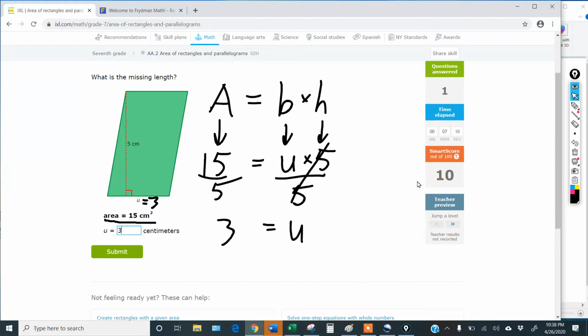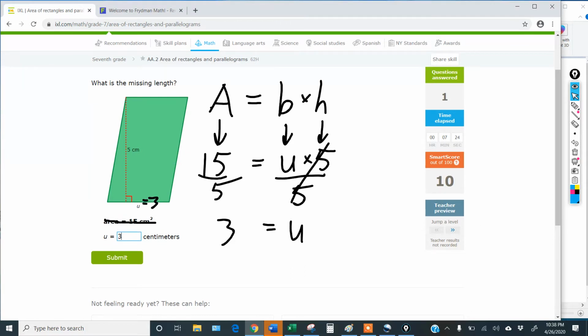Okay, so just talk a little bit about the units there, because we have this 15. It was 15 square centimeters, right?